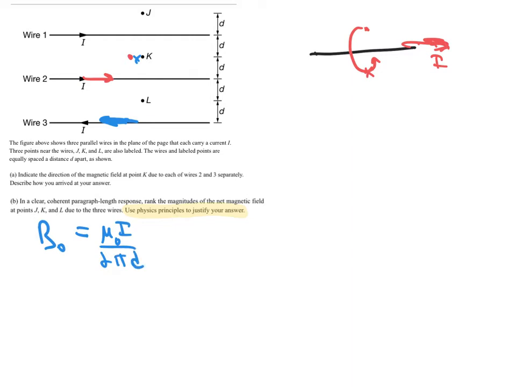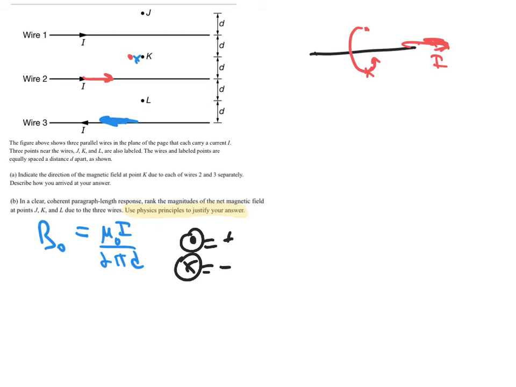So if we're at a distance d from the wire I, we get a field of strength B0. For concreteness, let's also take a field out of the page as positive, and a field into the page as negative.